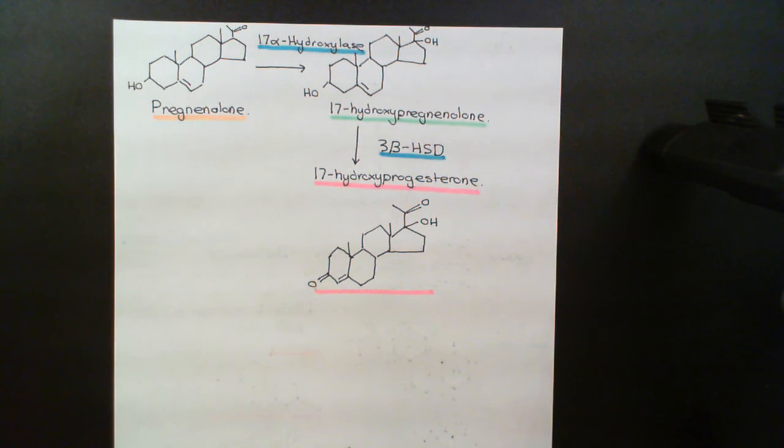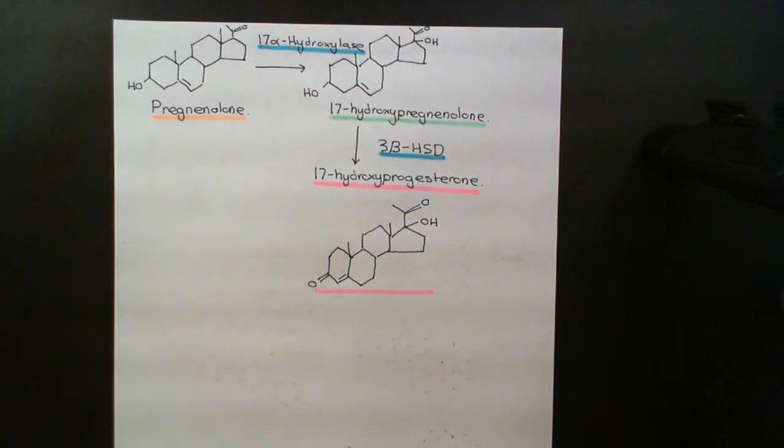Or you can do it the other way around: firstly let 17-alpha-hydroxylase work, converting pregnenolone into 17-hydroxypregnenolone, and then do the 3-beta-hydroxysteroid dehydrogenase part and convert the 17-hydroxypregnenolone into 17-hydroxyprogesterone. Both of those pathways will be occurring inside the zona fasciculata cells.